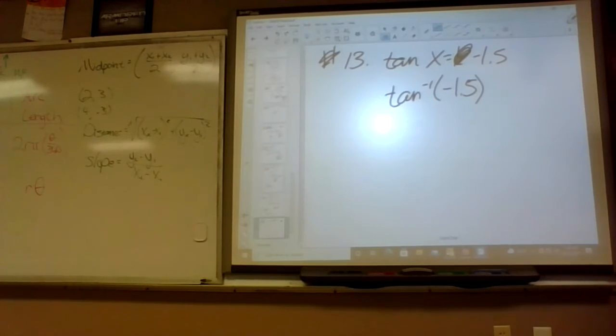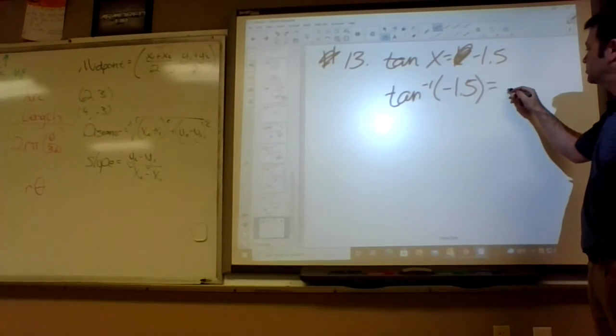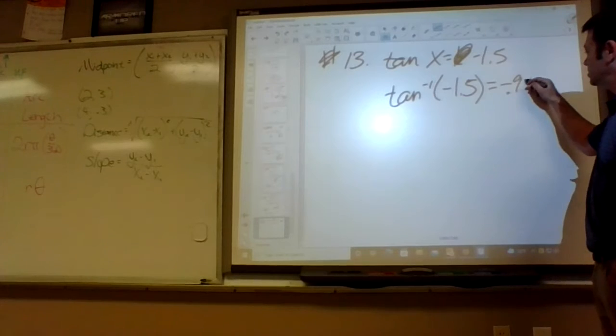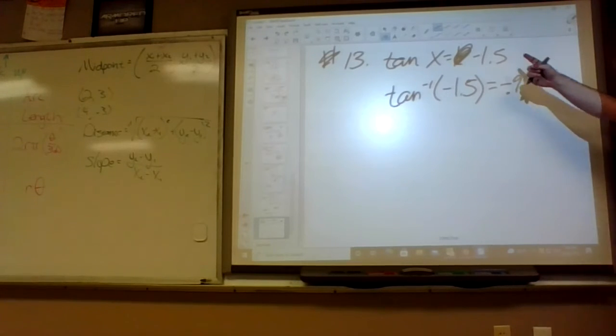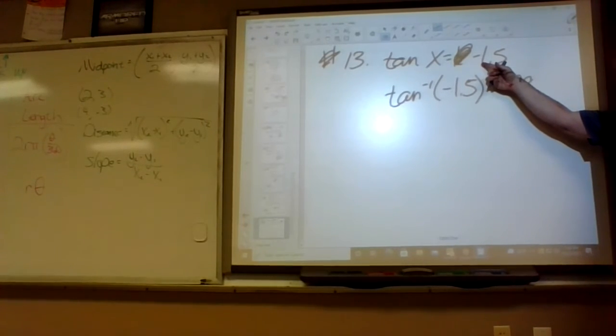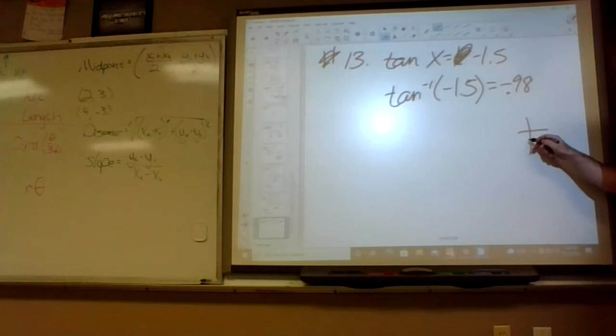Negative 0.98. This tangent was equal to a negative. What quadrant is tangent negative in? Second and fourth. So we need a second quadrant angle.